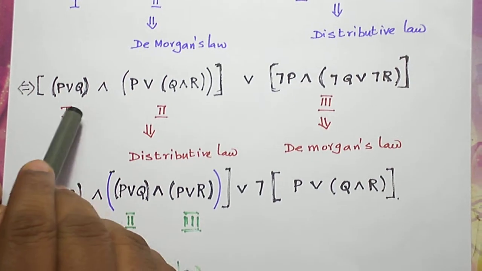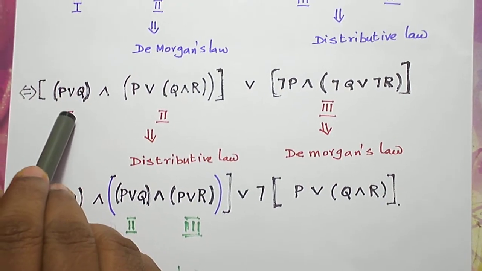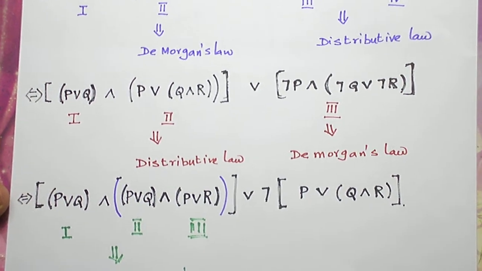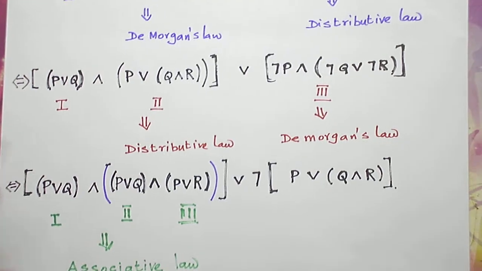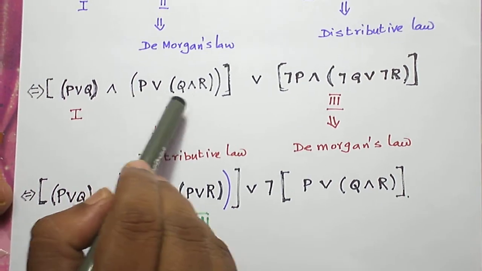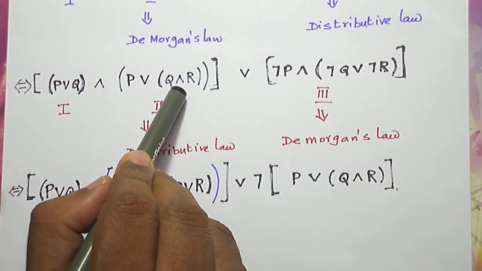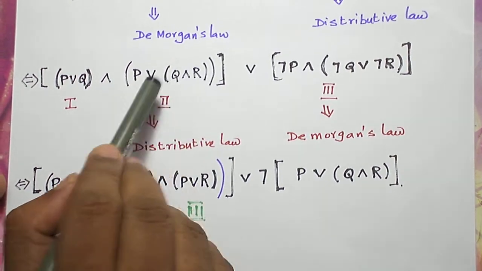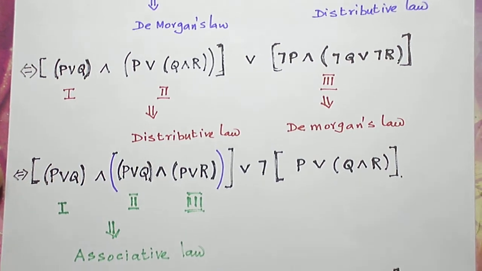Now I take this term as first term, this term as second term and this term as the third term. Now the second term I am going to simplify. Which law shall we apply? Inside the bracket we are having AND connective, outside the bracket we are having OR connective. So in this case we shall apply distributive law.